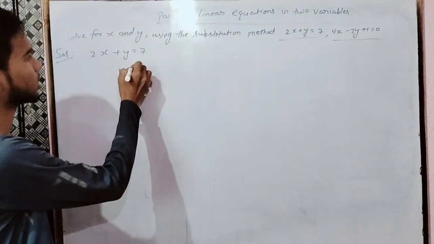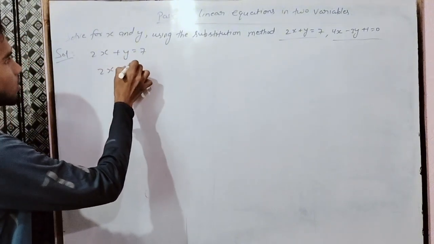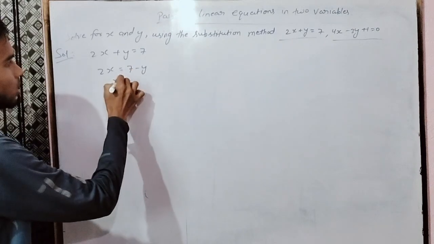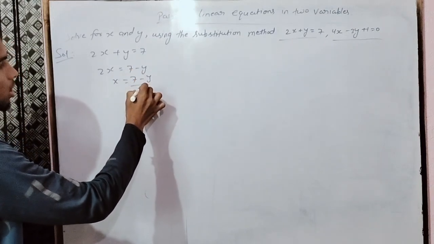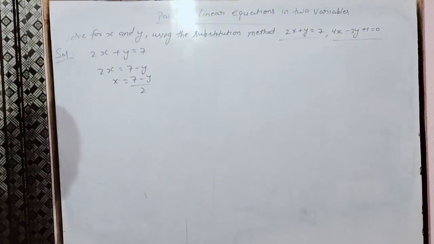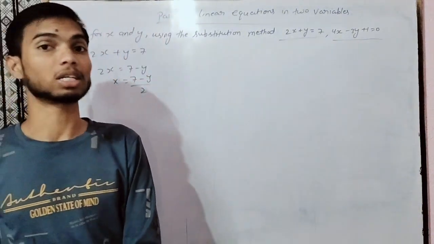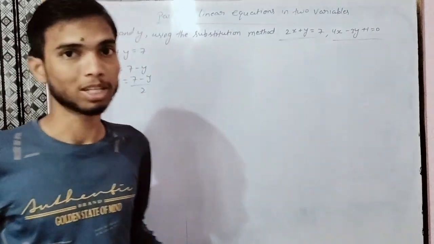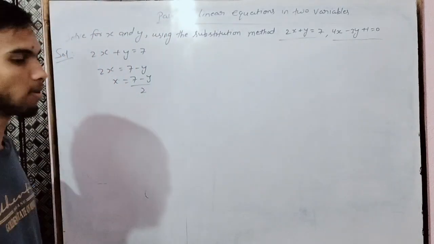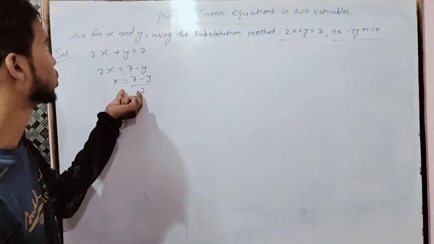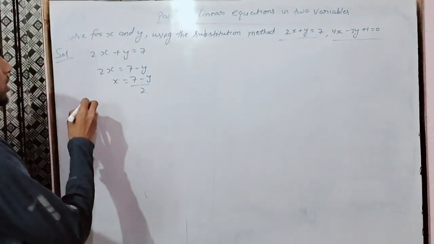So let's say, 2x is equal to 7 minus y. So here you have x equals 7 minus y upon 2. This is the value of x. Now the substitution method comes into the picture from here. So we will substitute this value in the second linear equation.